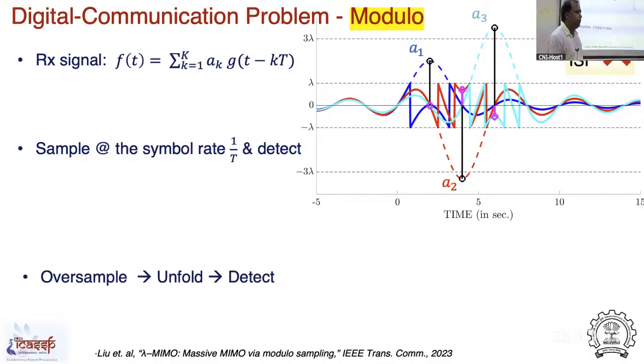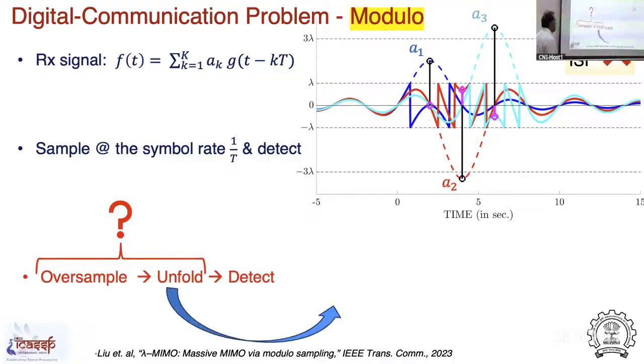Again, all these signals are generally band limited, so you can use the same principle we talked about earlier: a lot of oversampling, then unfolding, and then conventional symbol detection. So we started having a question: all the oversampling we are doing is just to do unfolding. Can't we just use detection directly from the folded samples?